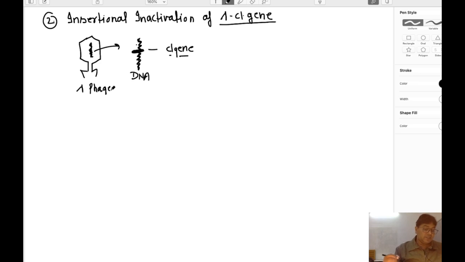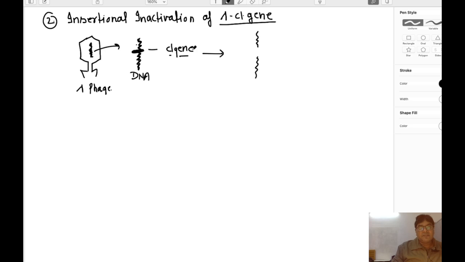Now, what is this CL gene all about? It is located at the map position 38 of the DNA. Okay, it is responsible for early regulation of the genes, and if we disturb this gene, then there occur some morphological changes in the plaque. All right. So, we cut this DNA at the CL gene.